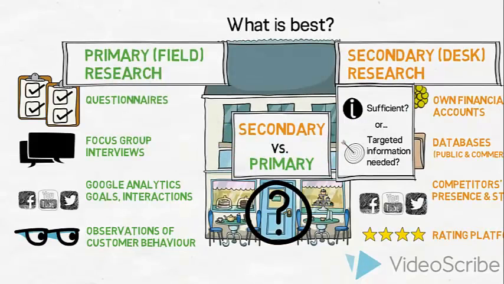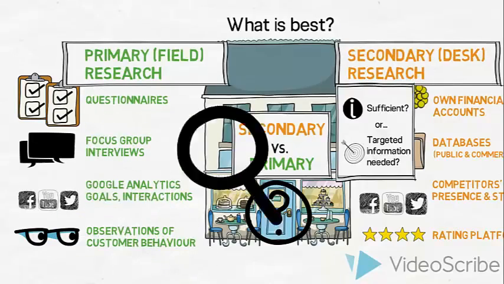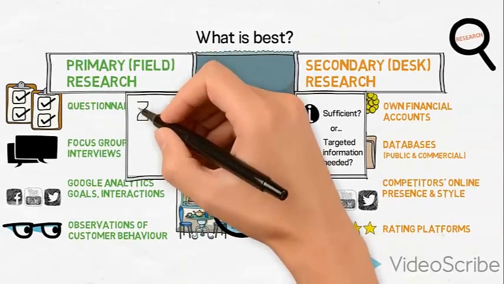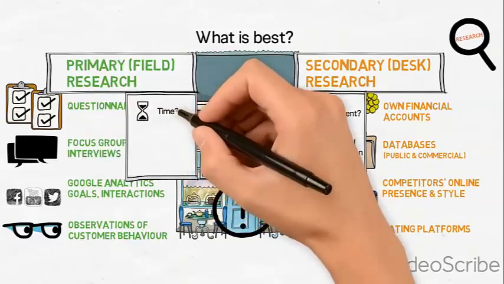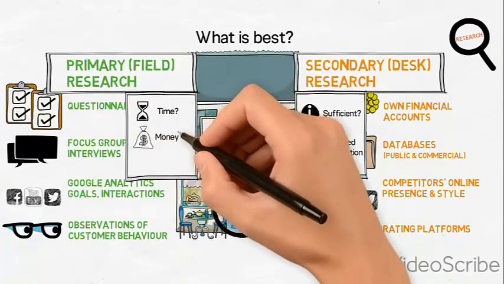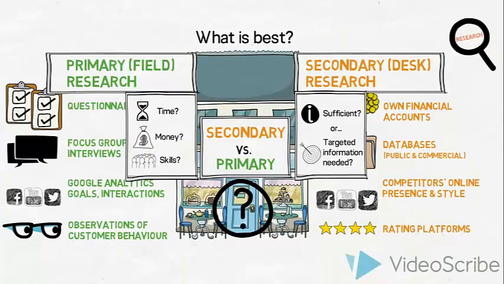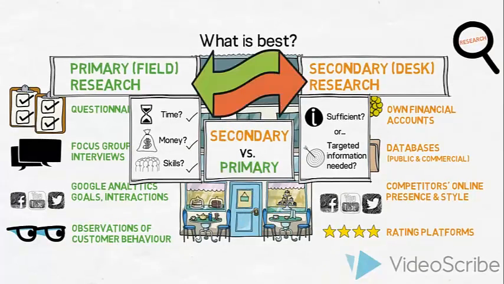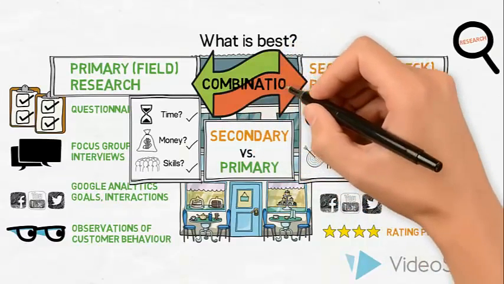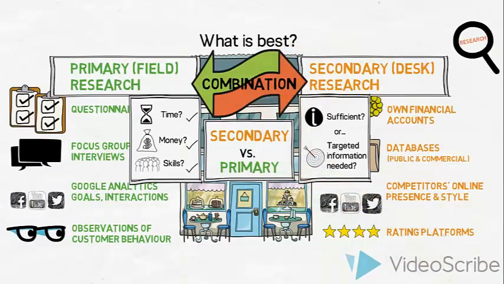In that case, the French Cafe would have to consider the different kinds of information they could collect via primary research, and whether or not they have both the time, the money, the people and the skills required to carry out relevant primary research. No two cases are the same, but if time, money and competencies allow, a combination of secondary research and carefully designed primary research is often the optimal solution.